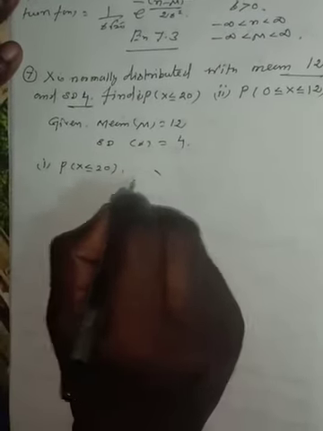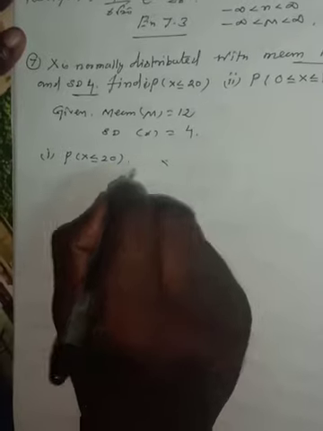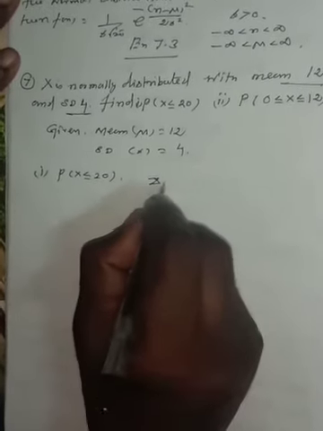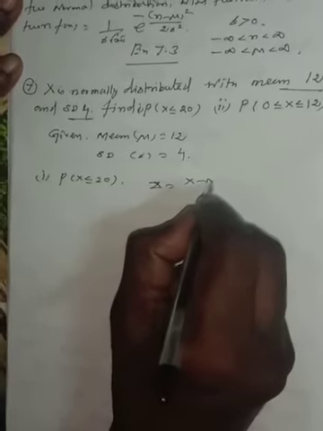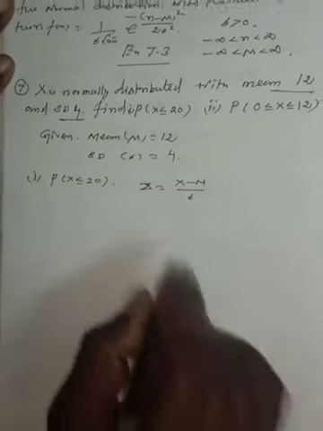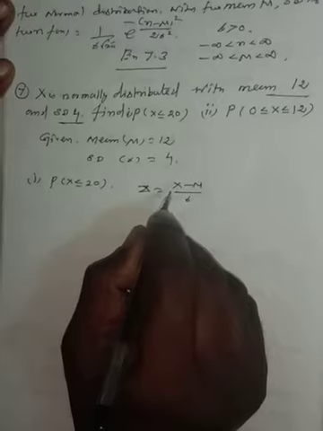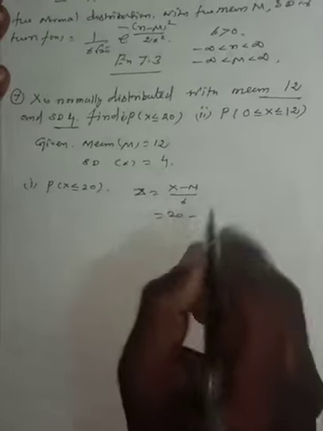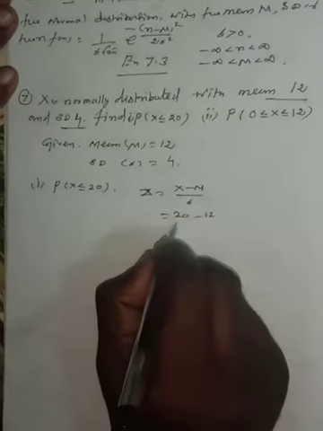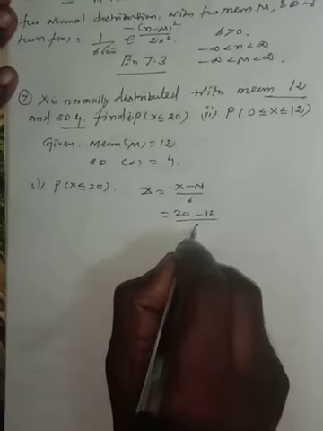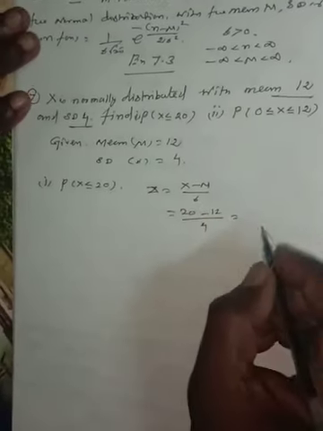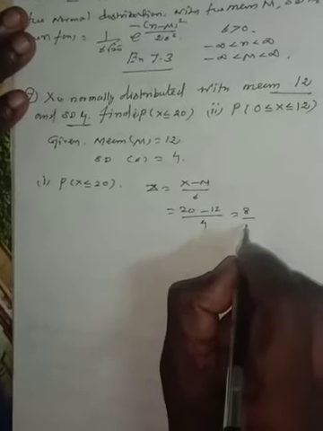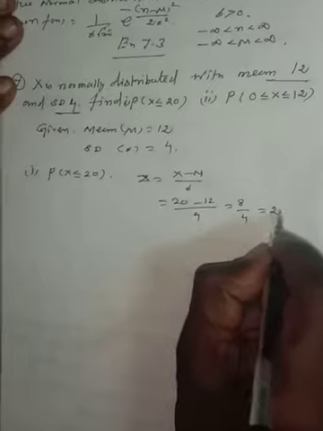Z is a normal variate, then Z is equal to x minus mu divided by sigma. In this case, x is 20 minus mu 12, divided by 4, is equal to 8 divided by 4 is equal to 2.